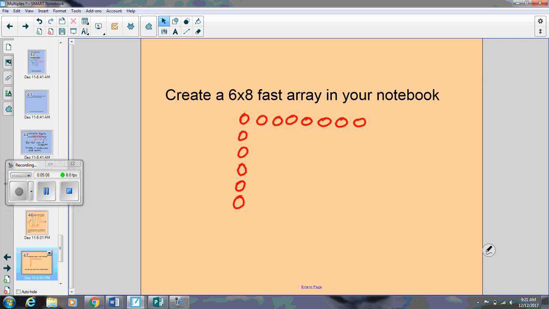How am I going to make this a 7 by 8 fast array? I have a 6 by 8 right now. What do I need to do to make it a 7 by 8 fast array? Cheyenne?